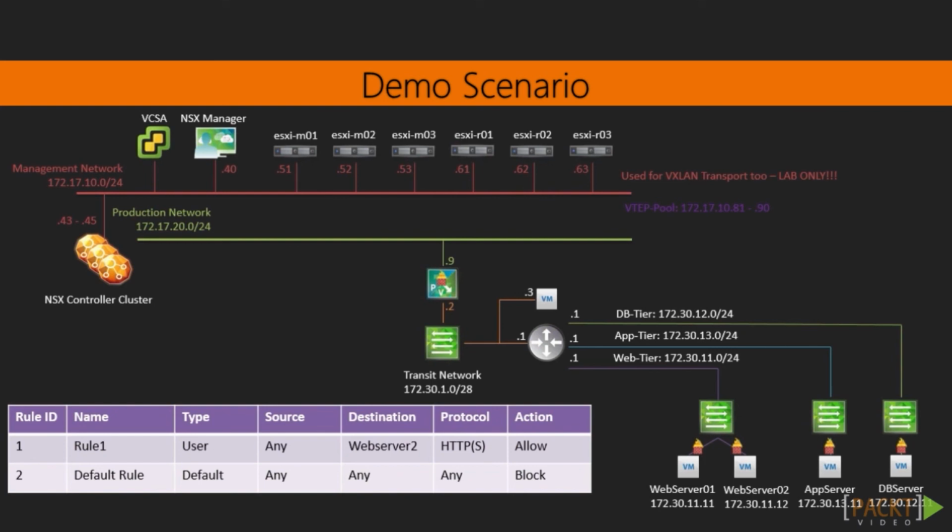However, in that scenario, as we haven't allowed any communication between the web servers, app server and DB server, that communication would no longer be possible because now the firewall is blocking traffic directly at the VM, so we don't first have to hit an edge or something else. So this firewalling methodology allows for much more fine-grained traffic filtering, and filtering traffic without having to build complex routing scenarios.